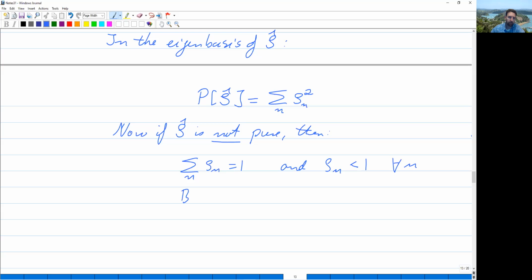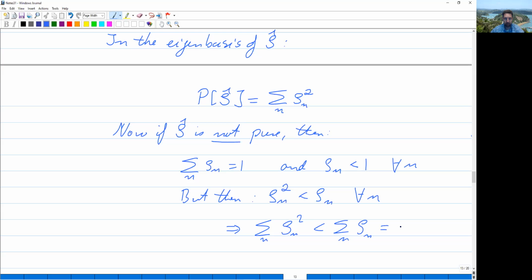But then we have that rho n squared must be smaller than rho n, right? Any positive number that's smaller than 1 gets smaller when squared. So the rho n squared are smaller than the rho n for all n. But this means that the sum over all n of the rho n squared must be smaller than the sum over all n of the rho n.